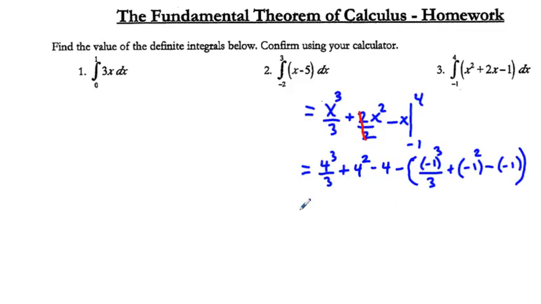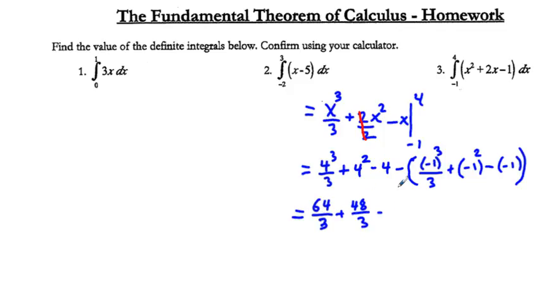All this. And now for a rewrite, and that's going to be 4 cubed is 64. So we have 64 thirds plus, well, that's going to be 16. We're going to rewrite 16 in terms of thirds. 16 is 48 over 3.